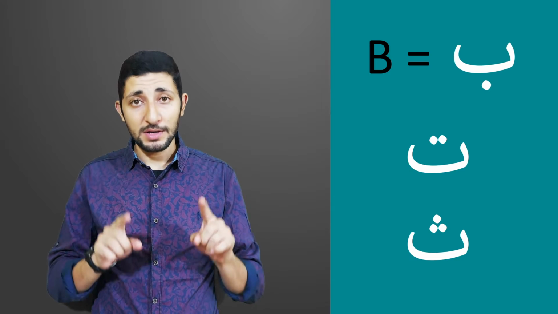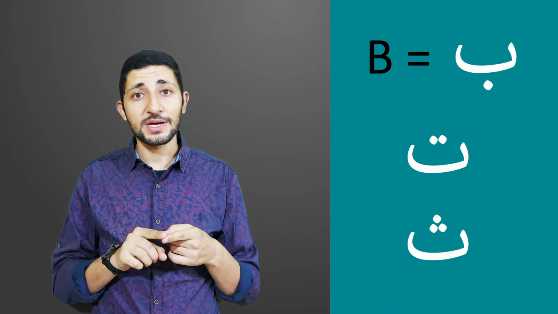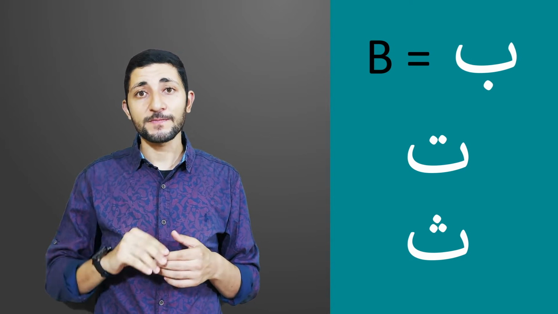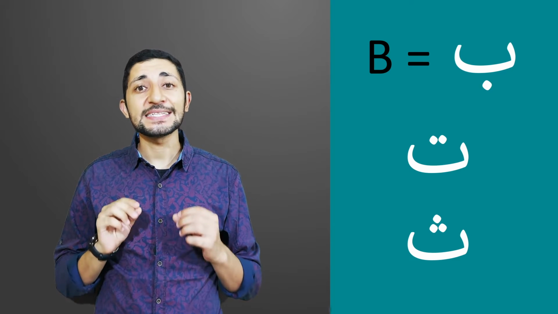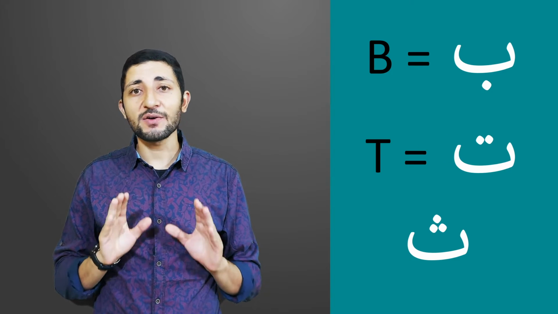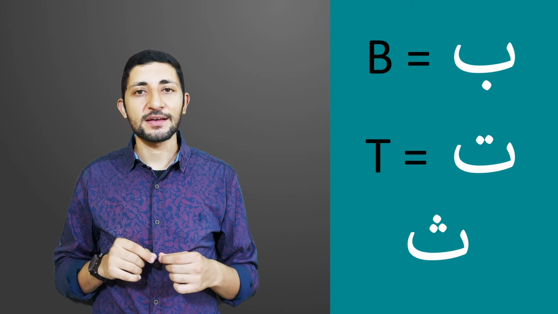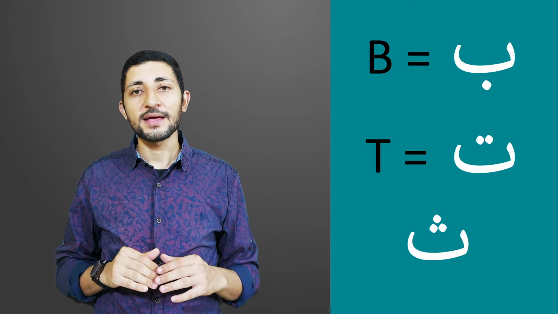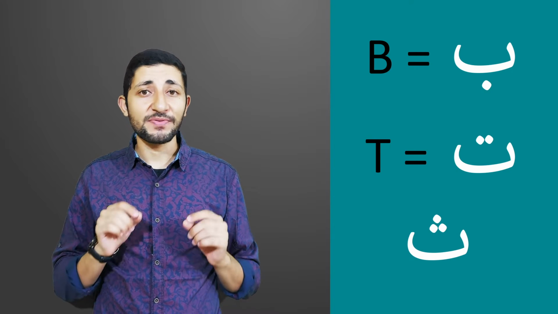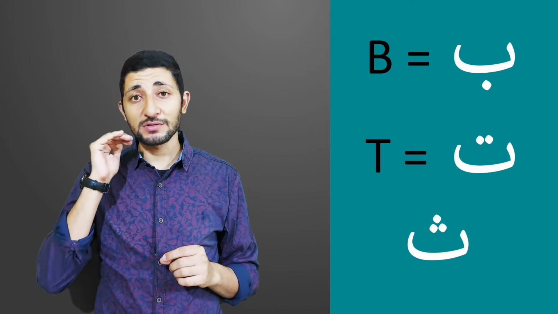The second one, the same shape, a boat, and two dots on top. We pronounce it T. Normal T sound in English. And the last one, the same boat, but this time with three dots on top.